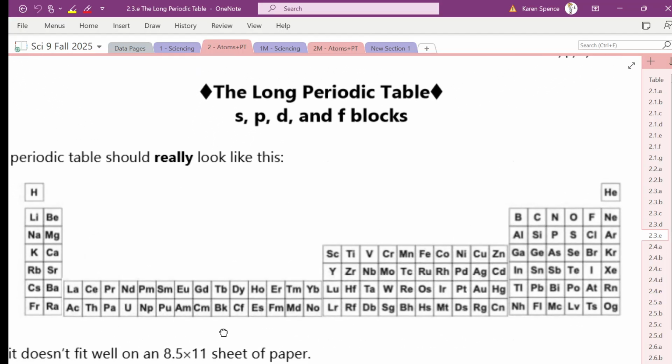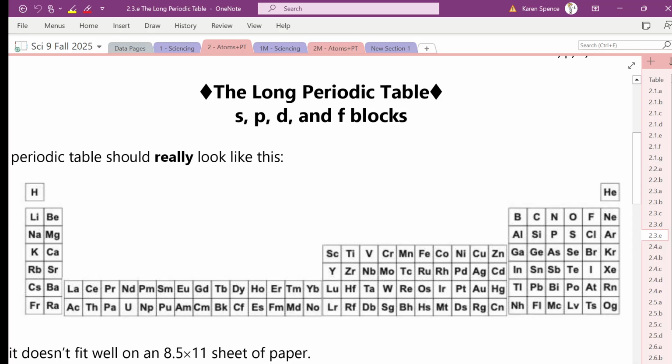This is what the periodic table should actually really look like. Oh, is that why there's like a line? That's why there's a line going from here, and then it goes down, and these guys end up getting chopped out. So we actually chop out this little section, and we move it down below.